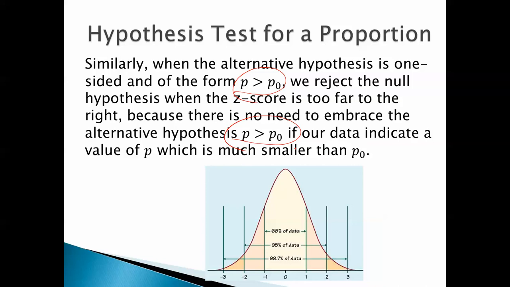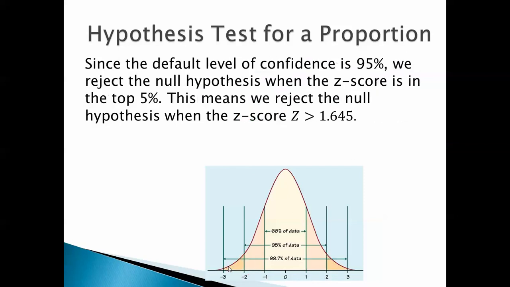So if you get a really small value of P, which corresponds to a really small z-score, you get something in this case over here. But you're not going to embrace that alternative hypothesis, P is greater than P0. You're going to embrace that only when you get a big value of P. And we don't have that when we get a z-score over here, when P is small.